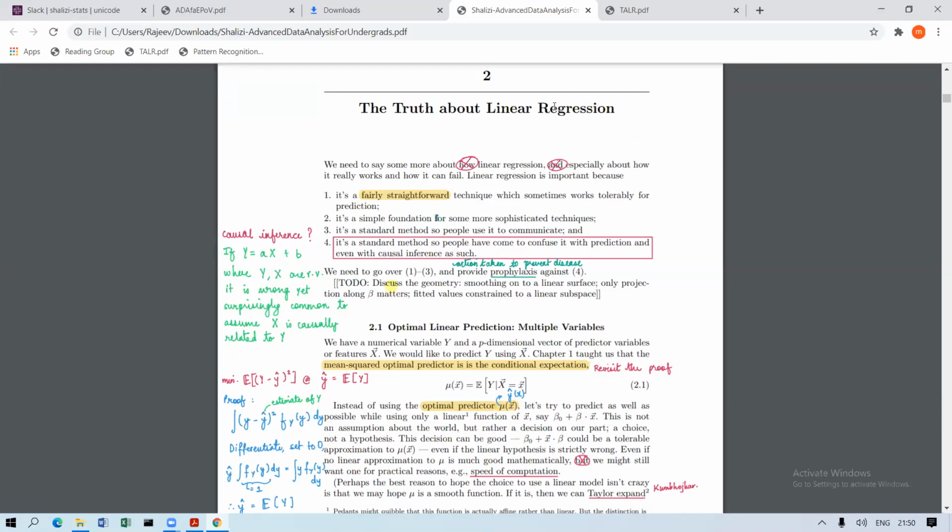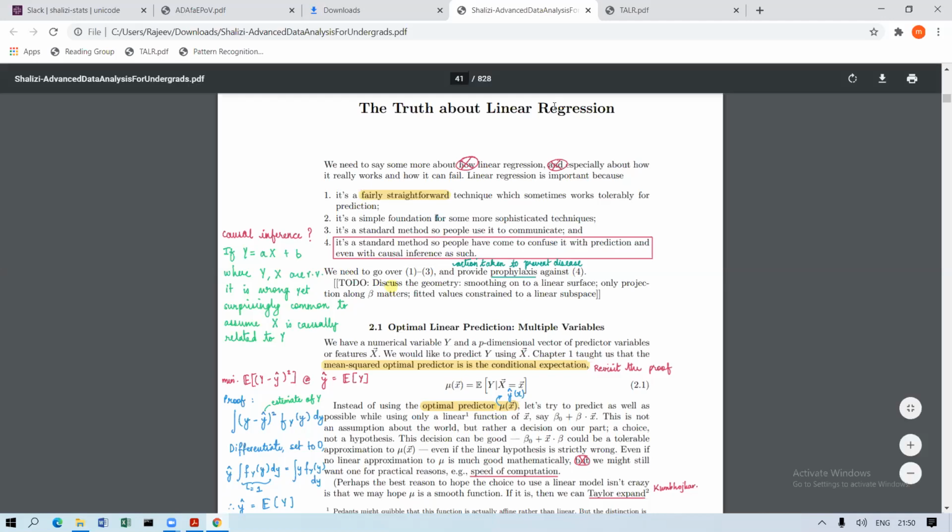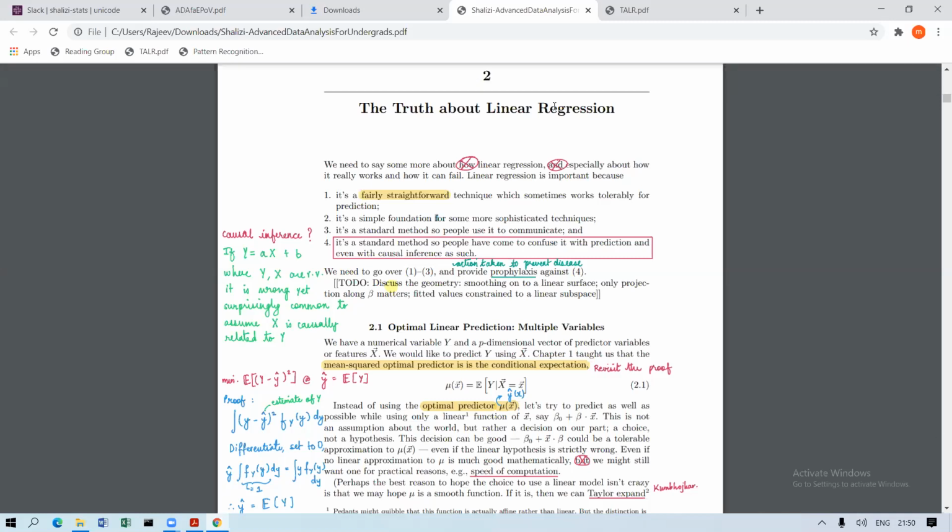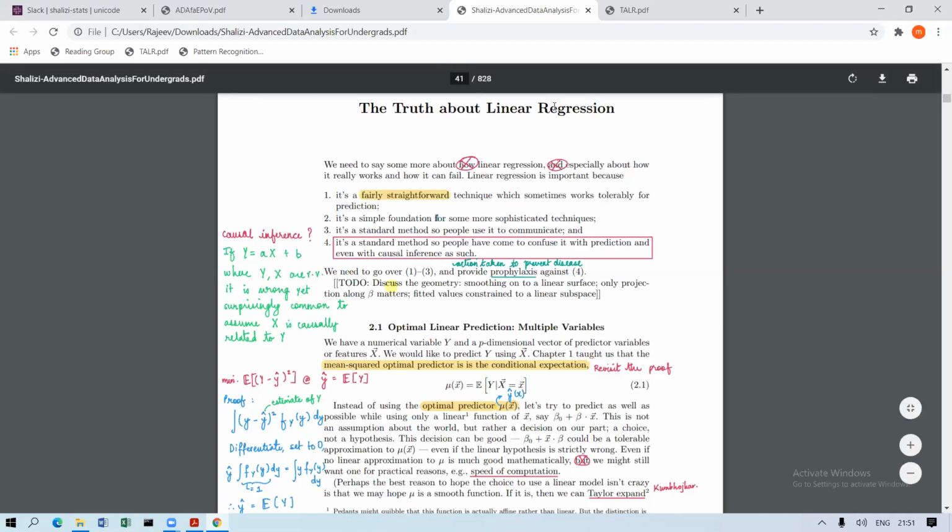I think you must have switched that off, but I cannot see it.